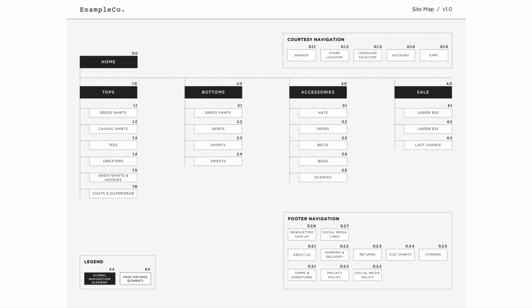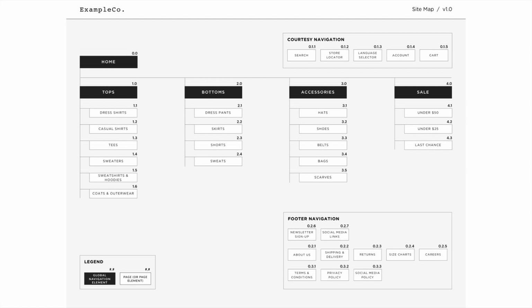There's the home, and then there are four top-level categories called tops, bottoms, accessories, and sale. Each one of these are strategically chosen either because they describe a grouping of products that is more important to a user, or they describe a specific intent that a user wants to accomplish.